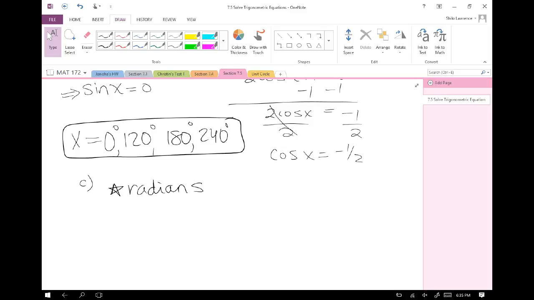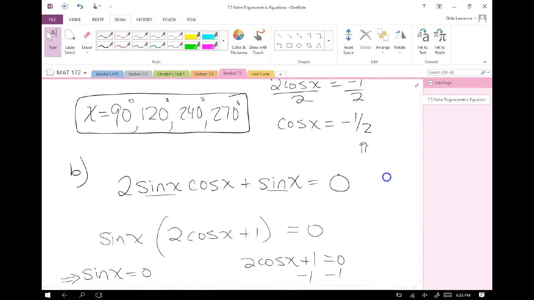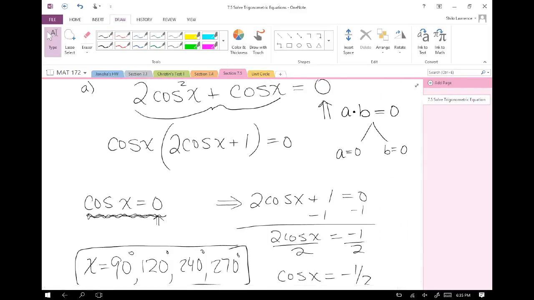We are going to say that cosine squared x plus 2 cosine x equals 3. Now, don't automatically jump to GCF factoring, because that property I showed you up here only works if it's equal to 0.